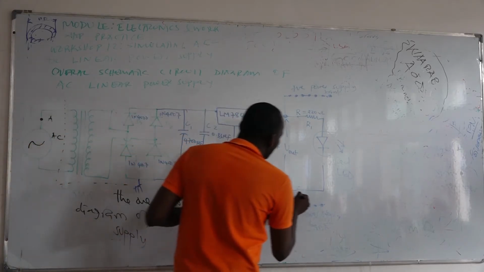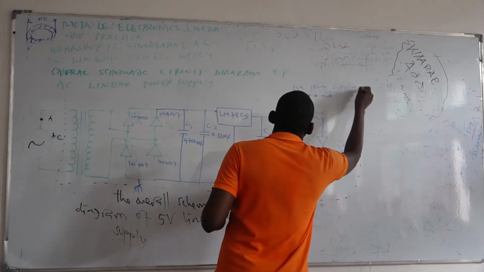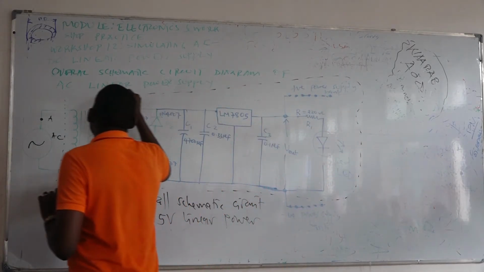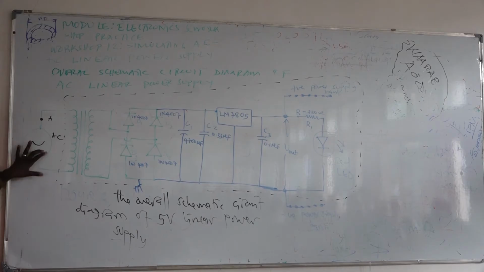When we talk about the AC source, in most cases this AC source is drawn from the wall socket. So this is the source of alternating voltage.